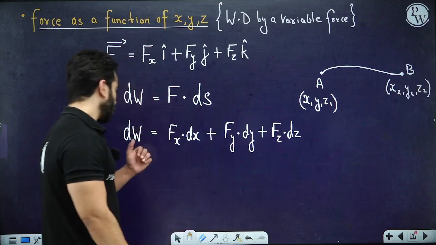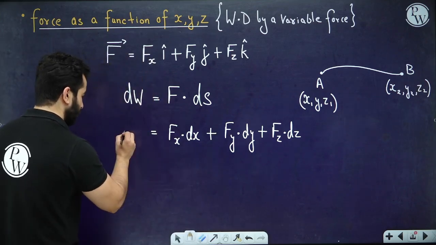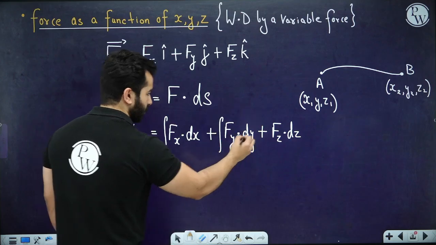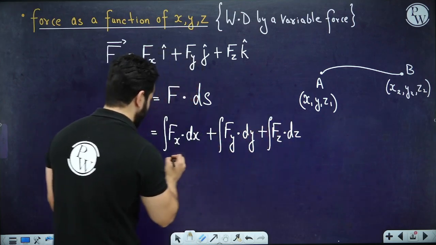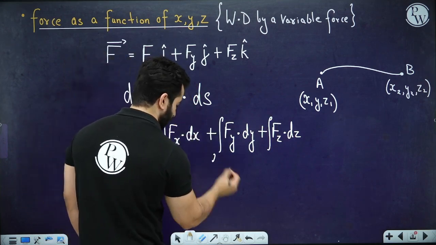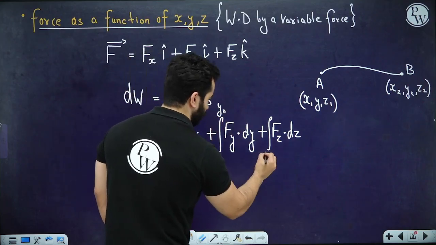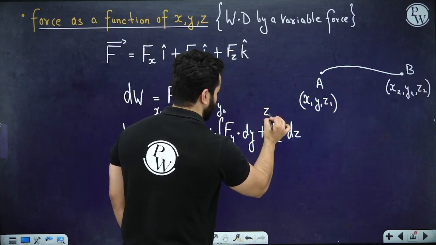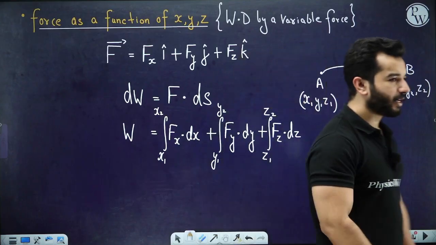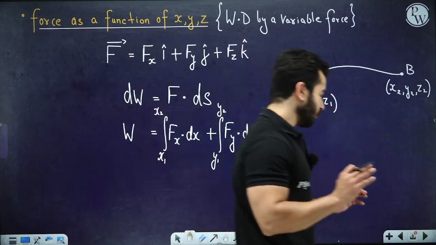And if I want to find the total work done, all I'll do is integrate all of these from x1 to x2, from y1 to y2, and from z1 to z2. That's it, right? Then you know how to use definite integration, and we are going to find the total work done.